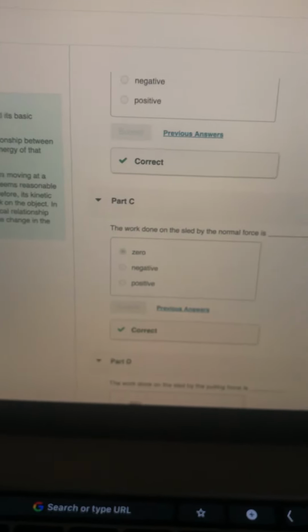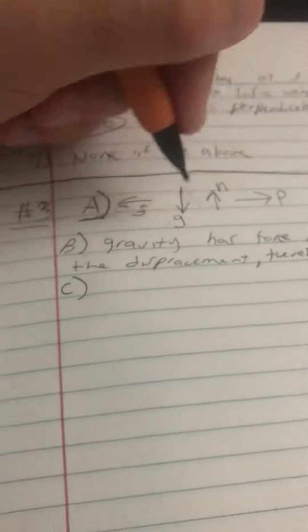Okay, part C. The work done on the sleigh by the normal force. Well, we have the normal force right here. It's pointing up at a 90-degree angle.